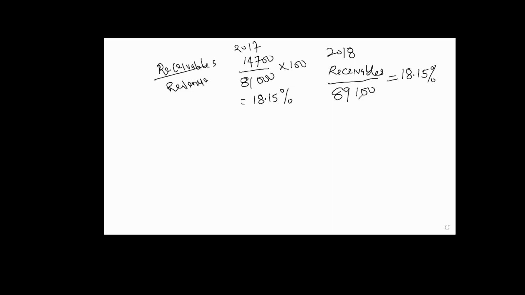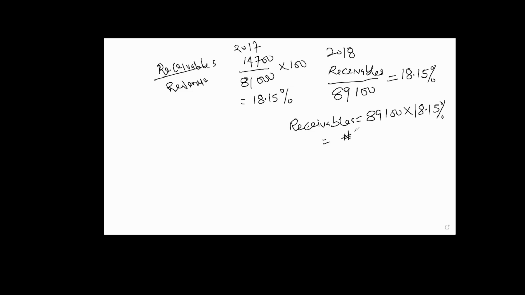You can get receivables for 2018. That means in 2018, receivables is equal to 89,100 multiplied by 18.15. Please work this out. What do you have?